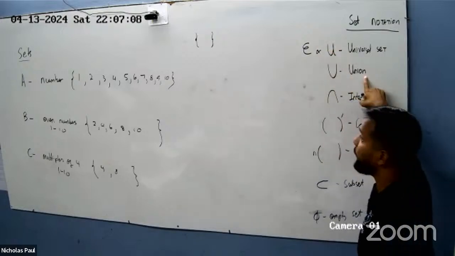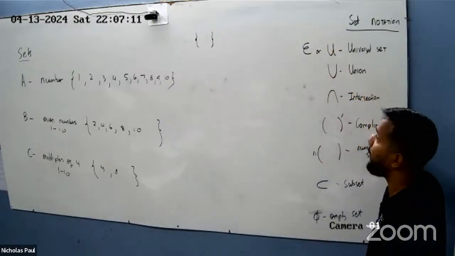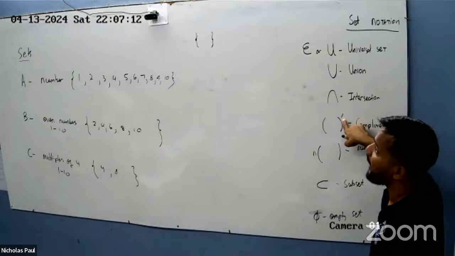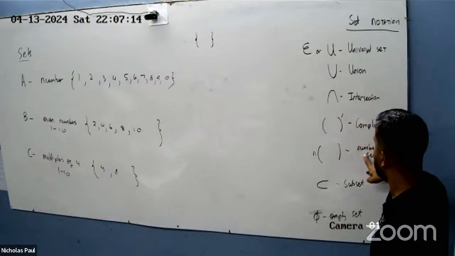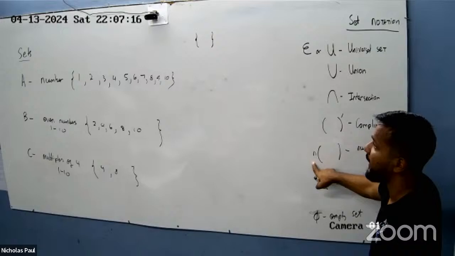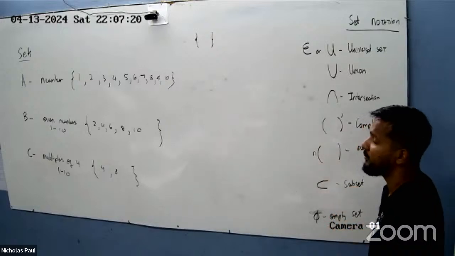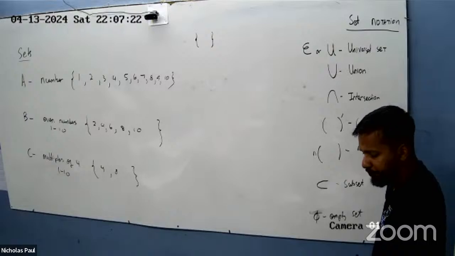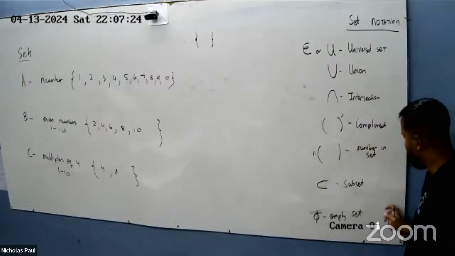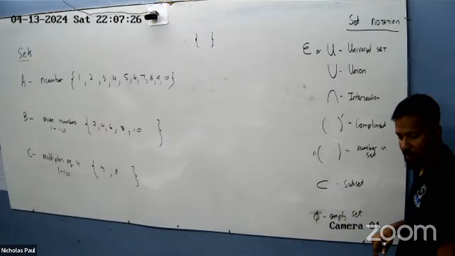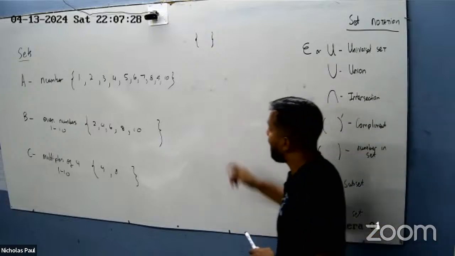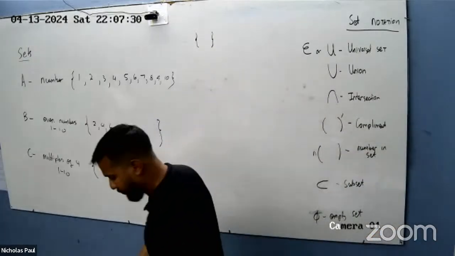Right, this is union, intersection, complement. Complement has a little line on top here. Number in a set, and on the outside, this is subset, empty set. Copy them down and leave a little space next to it. I want to give it the meaning of all, and I will show you it here one time.